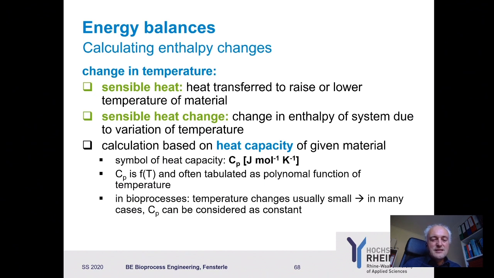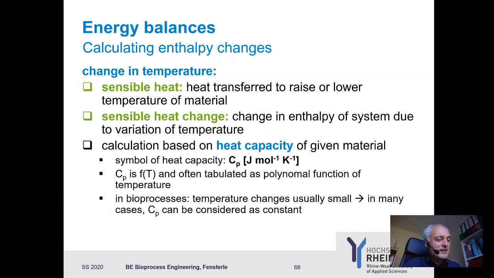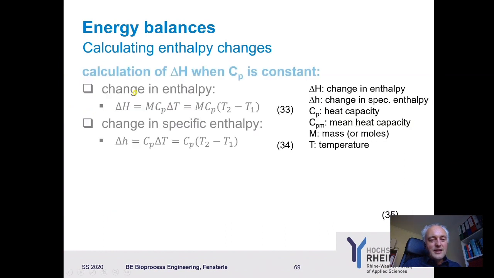So in these cases, temperature changes are usually small, and therefore we can, in general, for our purposes, consider Cp as constant, making life easier. Yeah? So maybe I just look back whether I have lost you. No, I haven't lost you, so you're experts in thermodynamics. That makes me happy. So I go further.